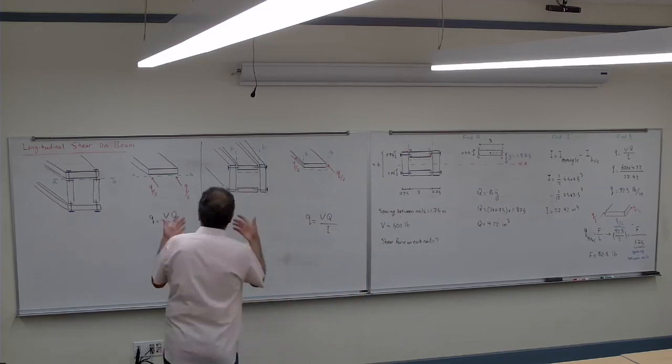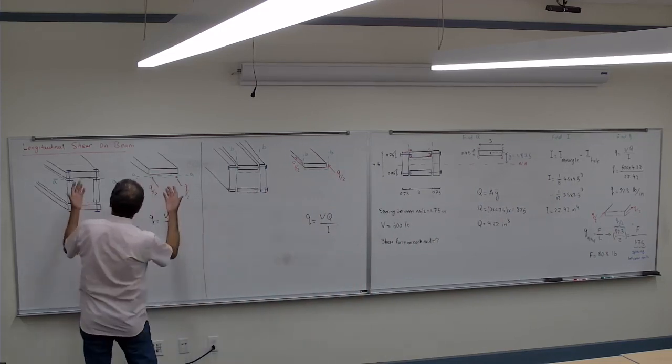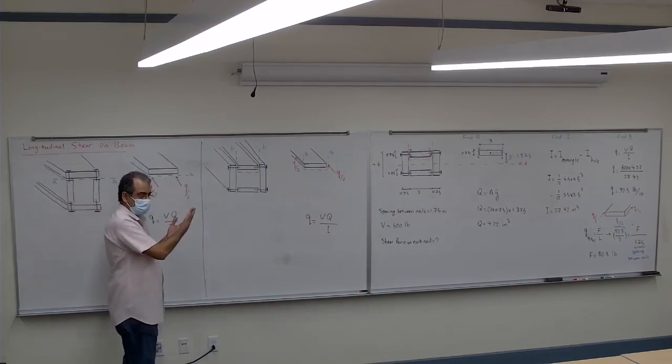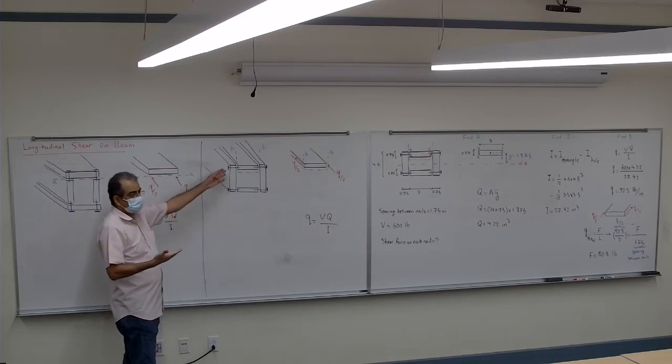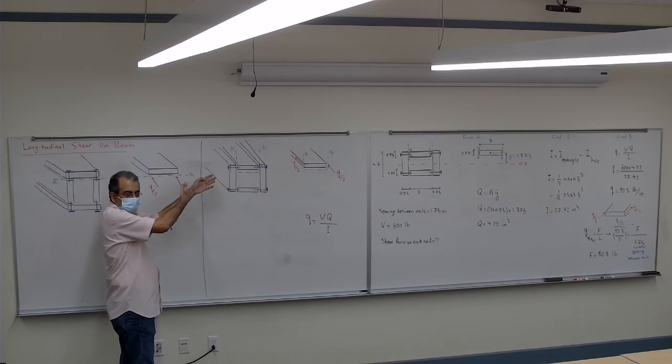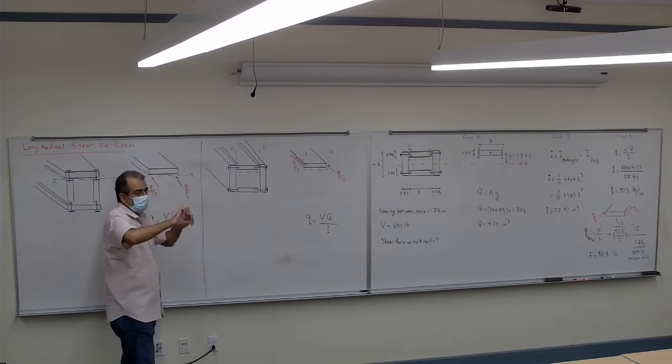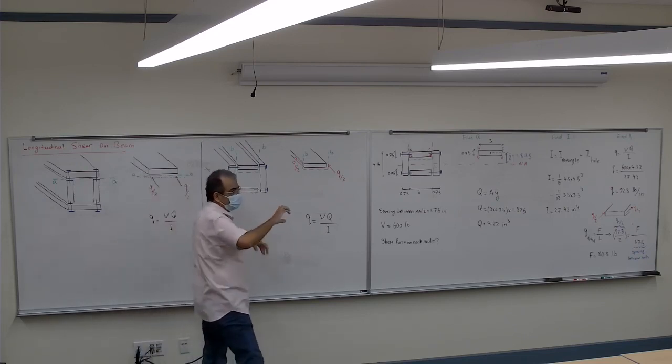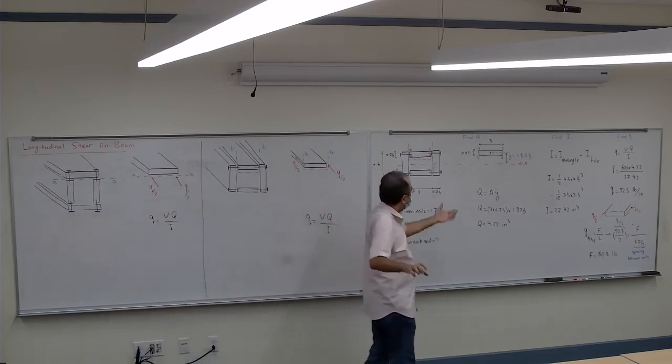So, if you are given any problem and they ask you what is the force, usually it's like that, what's the force applying on the nail? And the force applying on the nail is the longitudinal or horizontal force applying on the nail. So you have to cut the section and bring the part that has the nail in it.